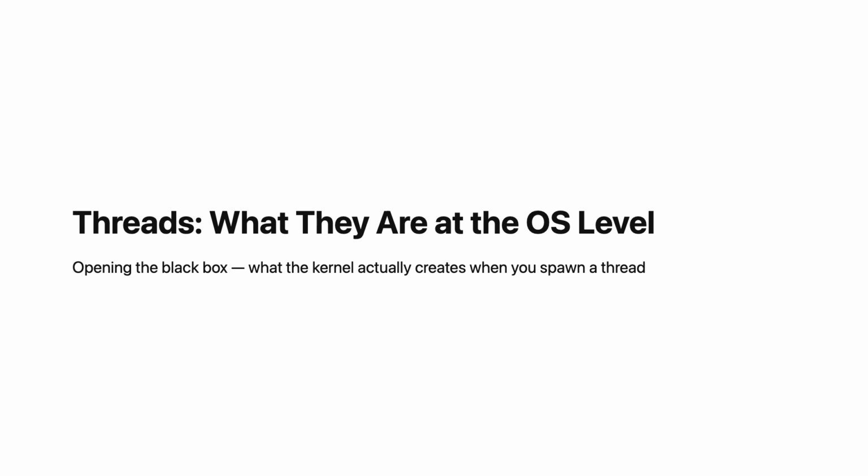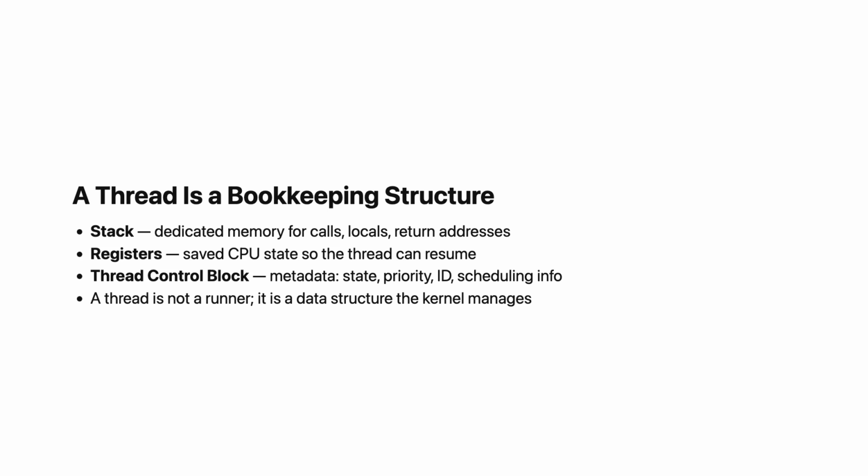Most developers think of a thread as something that runs code, and that is sort of true, but it misses the point. A thread is not a runner. A thread is a bookkeeping structure. It is the operating system's way of tracking an independent path of execution. When Linux, which is the kernel under Android, creates a thread, it allocates three things. First, a stack, a dedicated region of memory where that thread's function calls, local variables, and return addresses live.